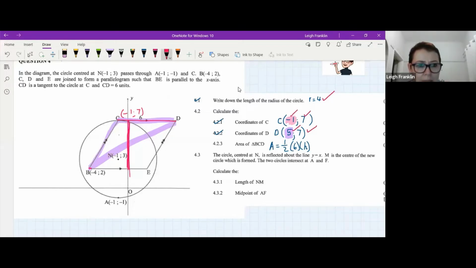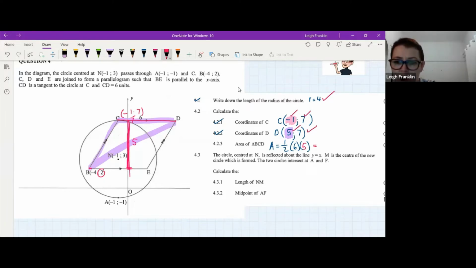So here, that's 7. That over there is 2. So the difference between 7 and 2, which is 5, is going to be the vertical height. Does that make sense to everybody? So here, the perpendicular height is 5.